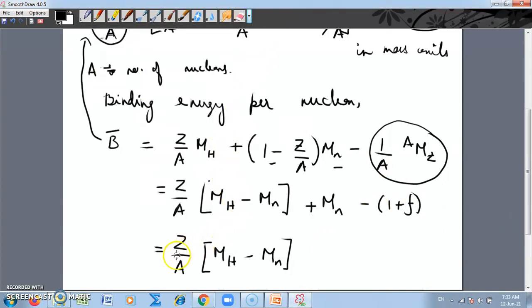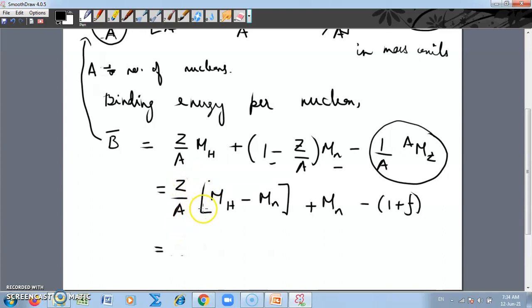Now you see these are mH and mn. Mn is the mass of the neutron. mH is the mass of hydrogen. So these are known quantities. What is unknown here is Z and A, because with different nuclei, different elements, Z will be different and A will be different.